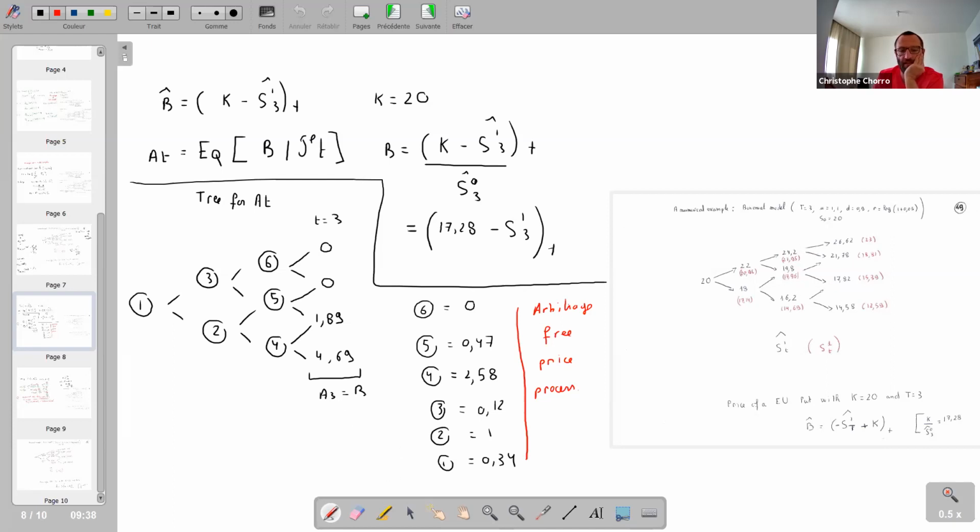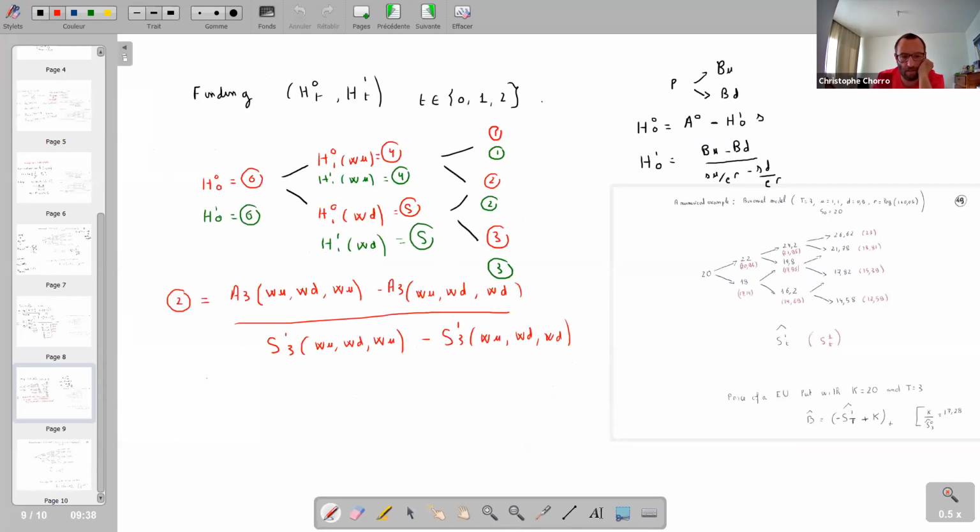So I obtain here, let's write it, 0 minus 1.89 divided by the difference between this quantity and this one here. This term minus this one.